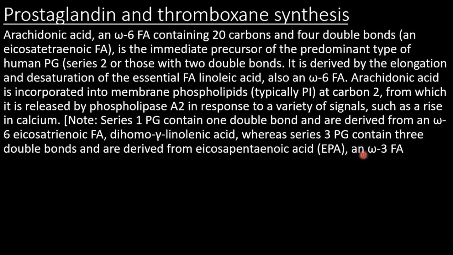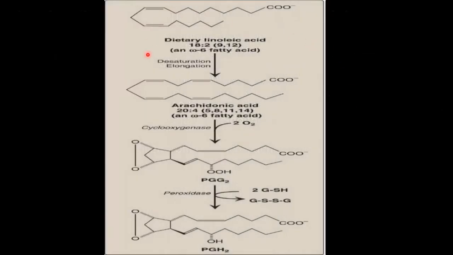an omega-3 fatty acid. Now, here you can see the dietary linoleic acid, 18 carbons, two double bonds at position number 9 and 12, an omega-6 fatty acid. We carry out desaturation and elongation to form arachidonic acid, 4 double bonds at position number 5, 8, 11, 14, and also an omega-6 fatty acid.